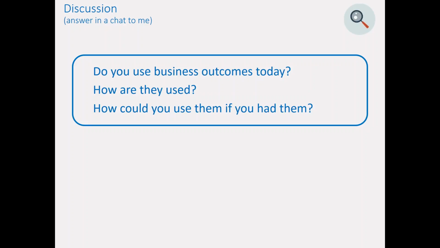And maybe there's some things we can do to either improve them by making them measurable, or improve how we use them. And I get that kind of depends on you as an individual's role in the organization. But the idea is, I don't see too many people responding that they use them to select projects, and so that might be a key thing to think about whether you can change in your organization. All right, let's move on.